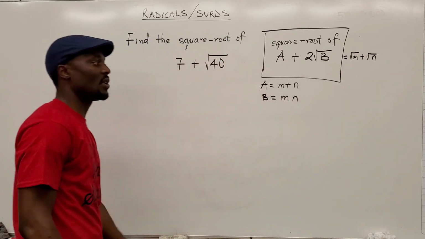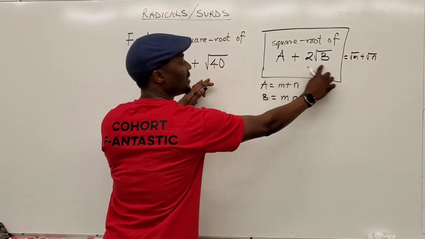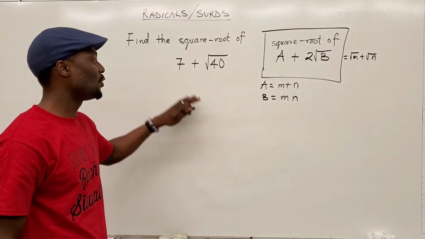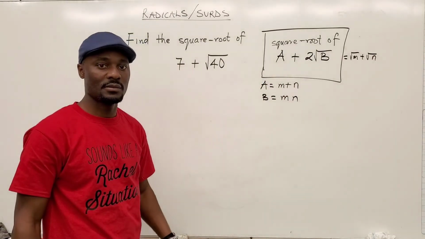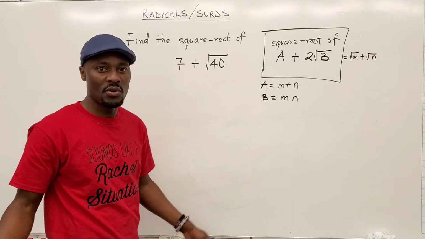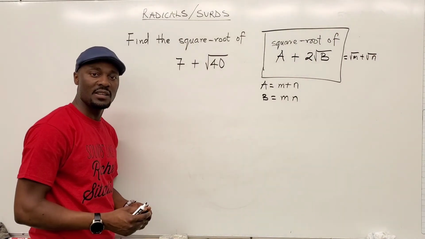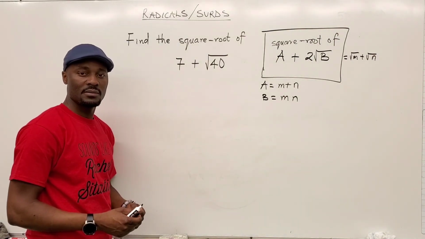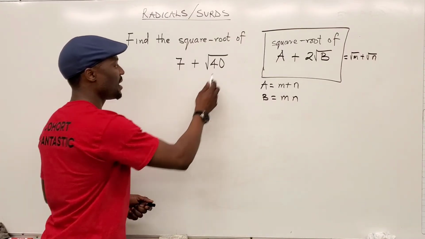Let's say that's what I thought you were going to do. But when they gave you the question, it did not look like this. The first thing to do is to reshape the question so that it looks like this. And it's very easy to do. All you have to do is look here and see if you can find a 4. If you can find a 4 in it, then you're good. So you can break this down.